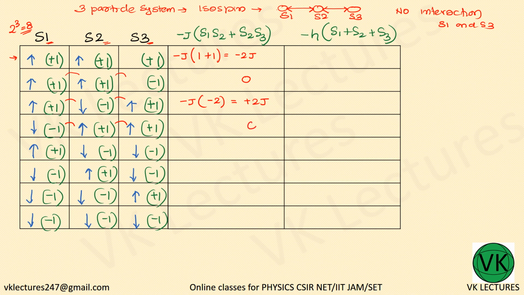Here we have plus 1 and minus 1, this is minus 1 together, this is again minus 1, so that is minus J into minus 2 becomes 2J. Here we have minus 1 again, it is minus J into minus 2, that's equal to again 2J.